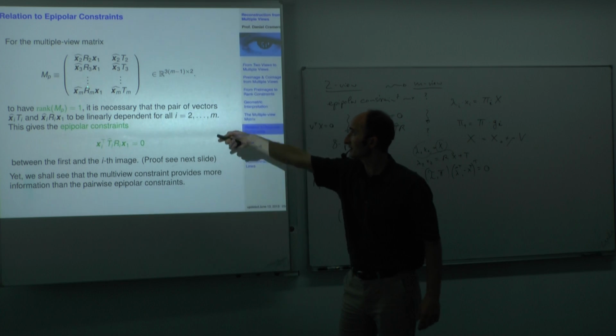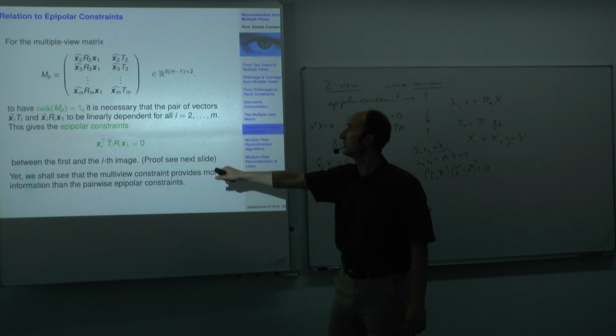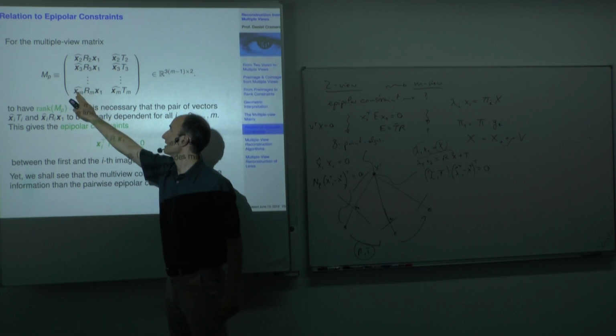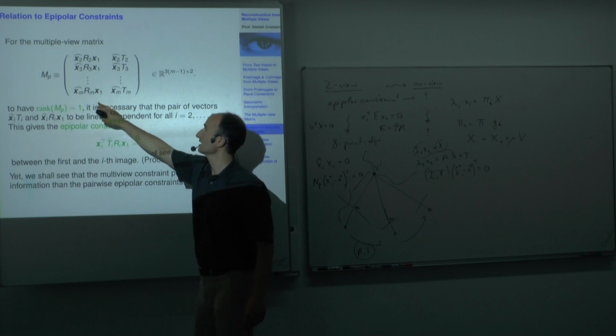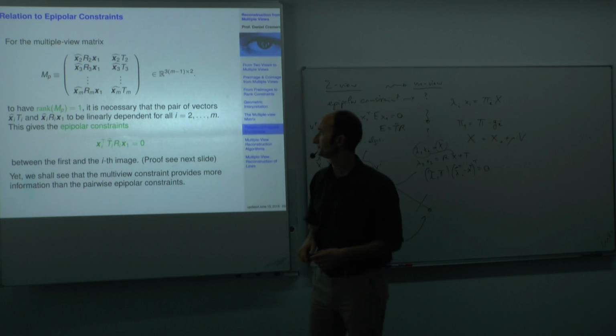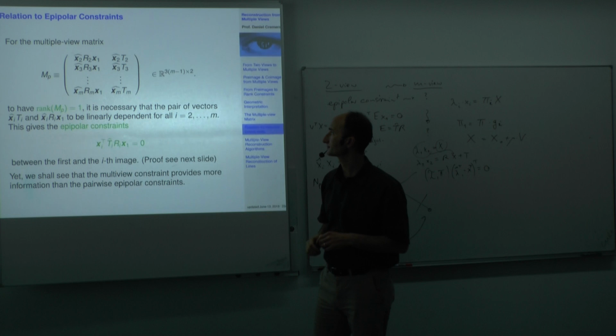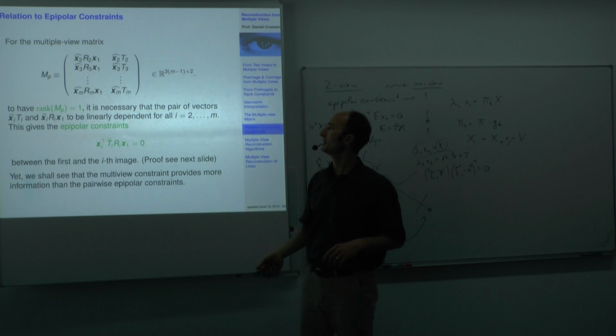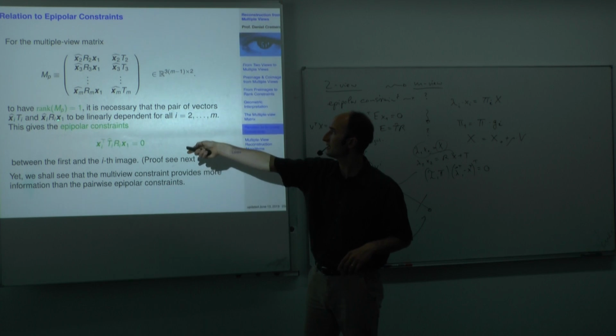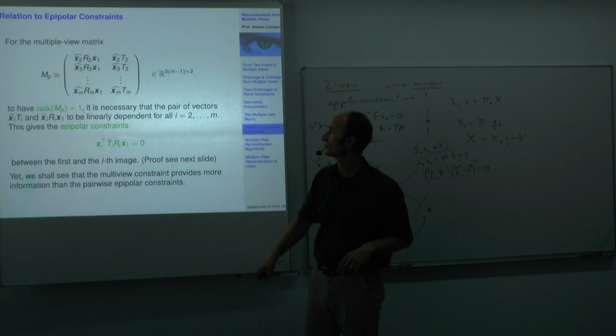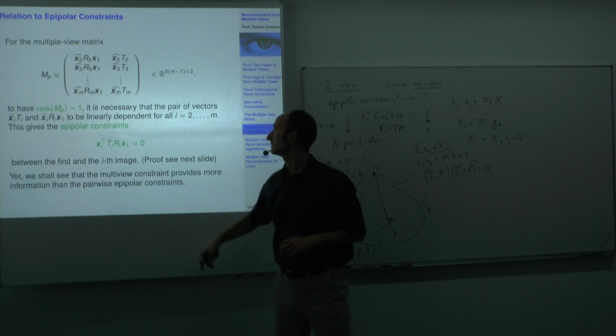So the fact that these columns are linearly dependent implies that separately each of these should be linearly dependent with each of these. And that linear dependency of xi hat ti and xi hat ri x1 leads to the epipolar constraint.